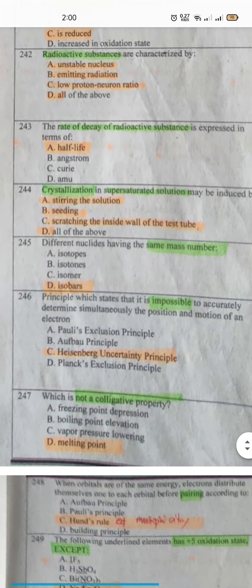Number 243, the rate of decay of radioactive substance is expressed in terms of half-life. So, the rate of decay of radioactive substances is expressed in terms of half-life.